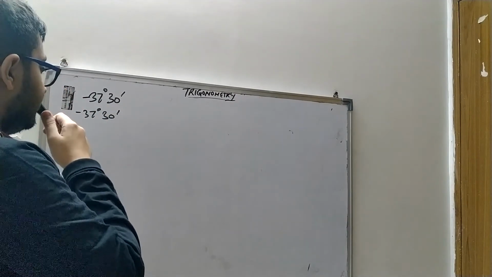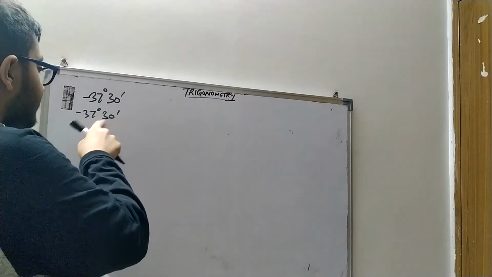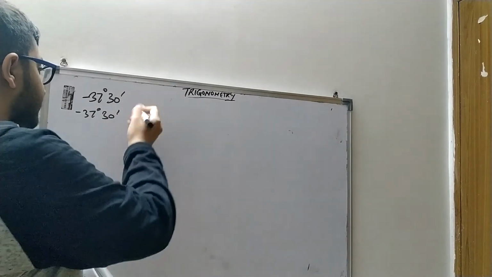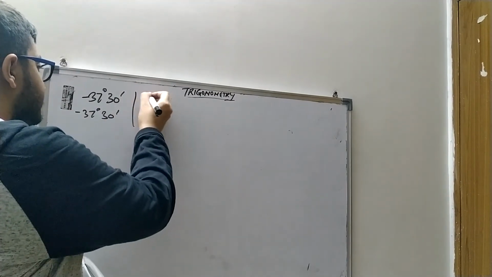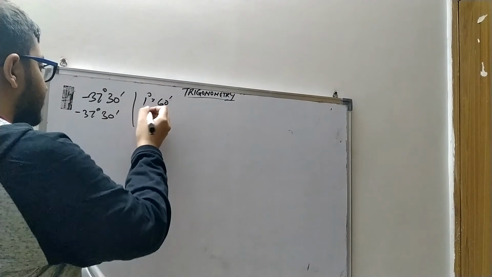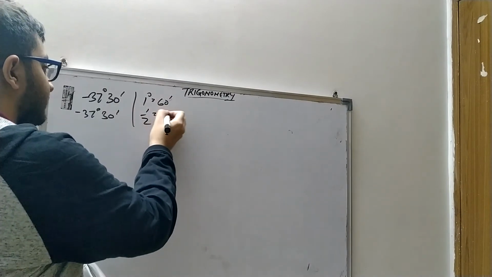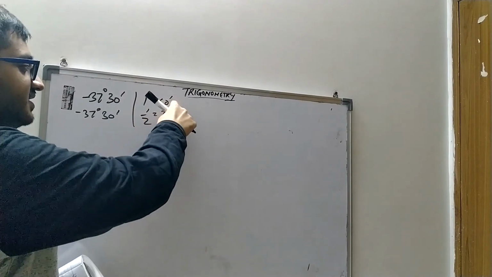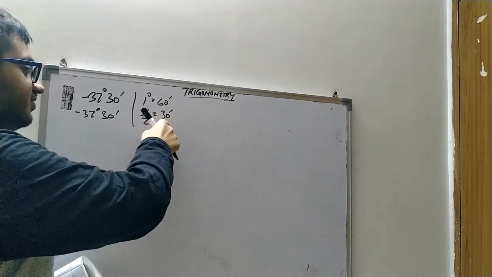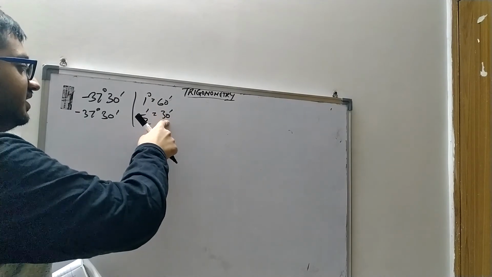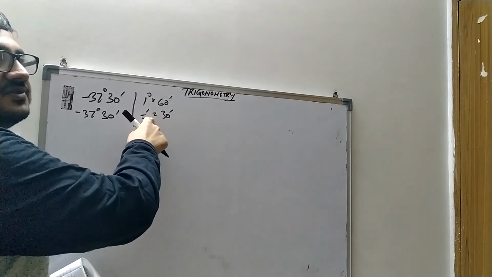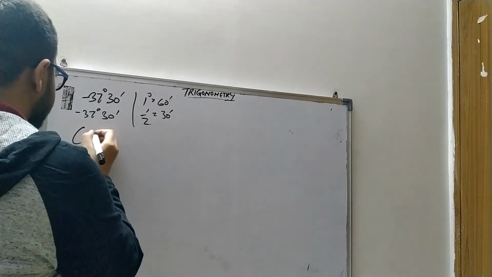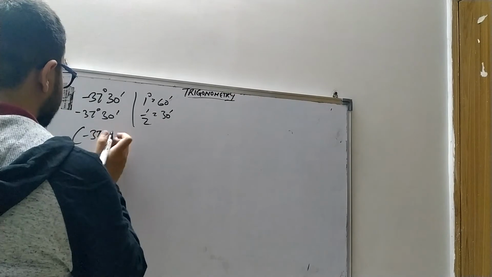We know that 1 degree is equal to 60 minutes, then 30 minutes will be half a degree. We will write minus 37 and a half degree.